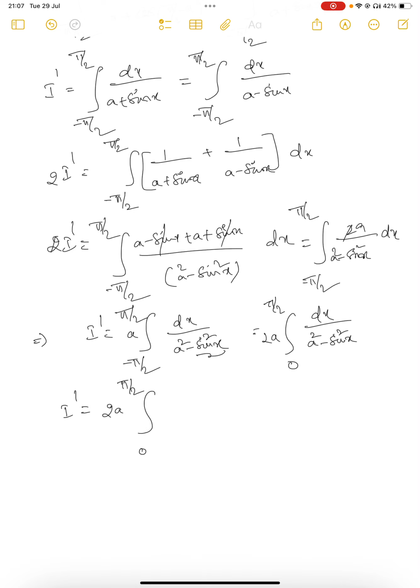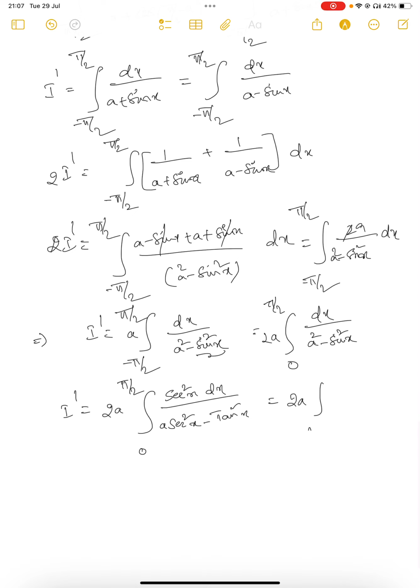Let's do one thing: divide the numerator and denominator by cos square x. Then it will be secant square x dx by a square secant square x minus sine square x by cos square x, which will be tan square x.